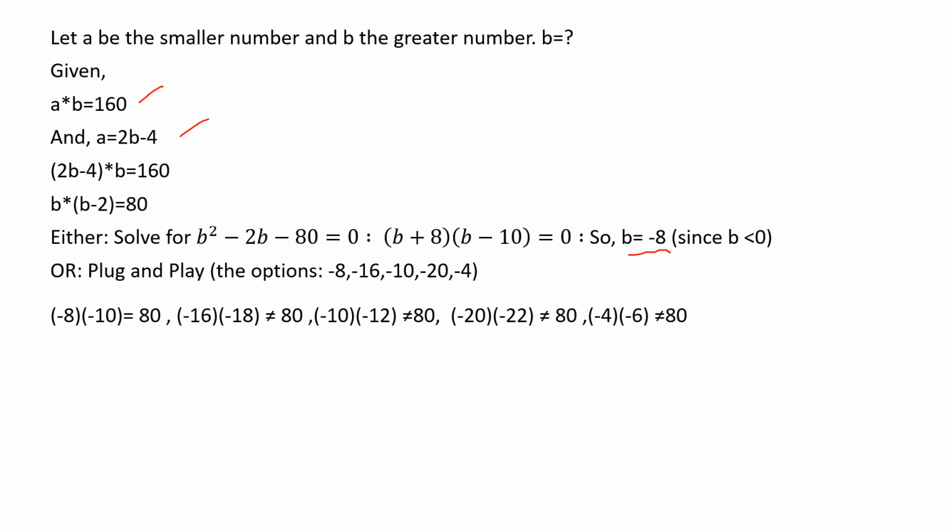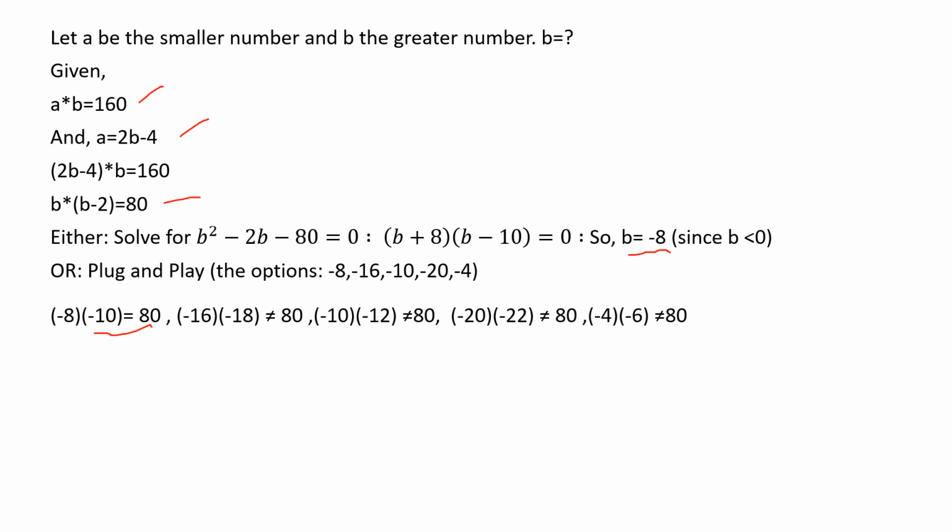We put it back into this equation, that's B into (B minus 2), and we check if it satisfies the equation. So if it's minus 8, then minus 8 into (minus 8 minus 2), that's minus 10. Yes, we do get 80, so this does satisfy the equation. And if B is minus 16, into minus 18 is definitely not 80.